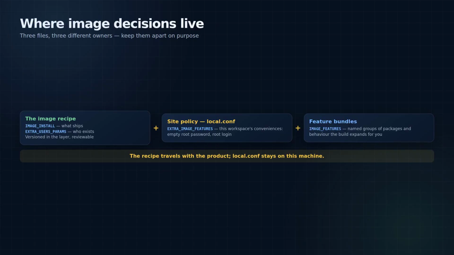Ours enables 3 that deserve naming out loud: an empty root password, permission to log in as root, and permission for empty passwords generally. They are classroom settings we will rely on to boot and inspect, and they are exactly what a product must never carry. Between the two sit feature bundles, named groups of packages and behavior, the build expands for you, so an image can ask for a capability instead of listing 20 packages. 3 owners kept apart on purpose.